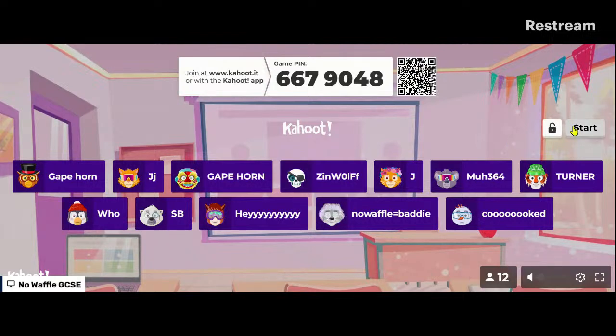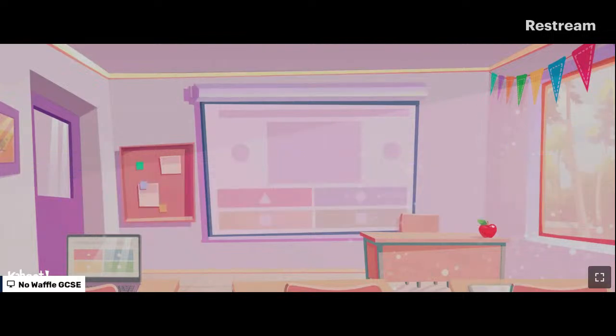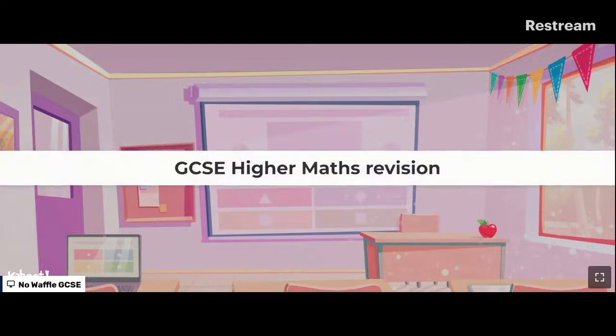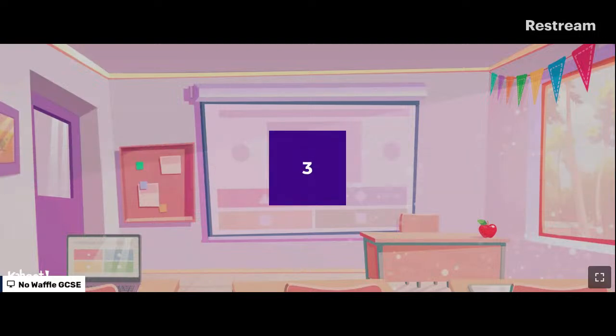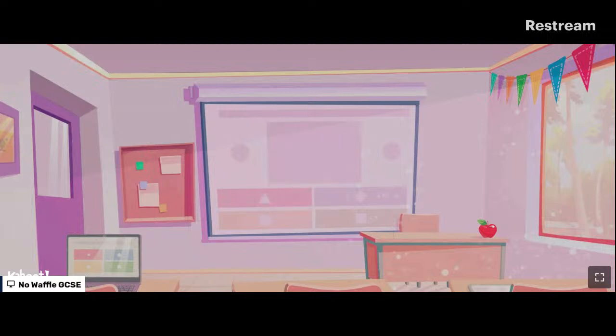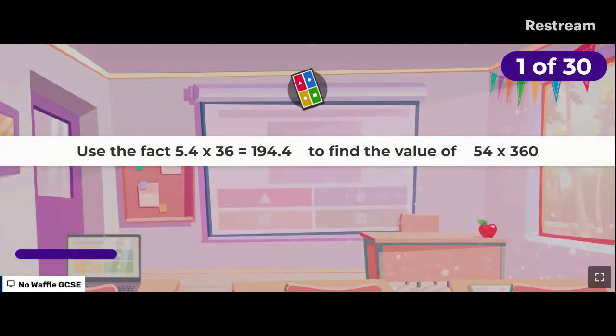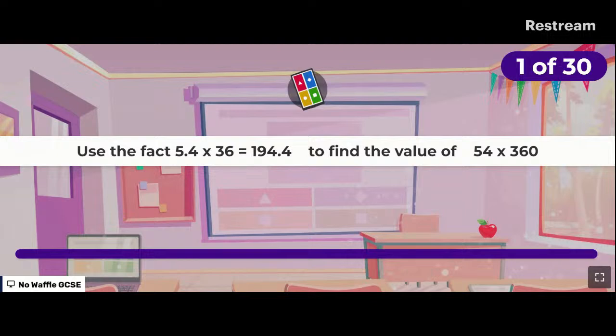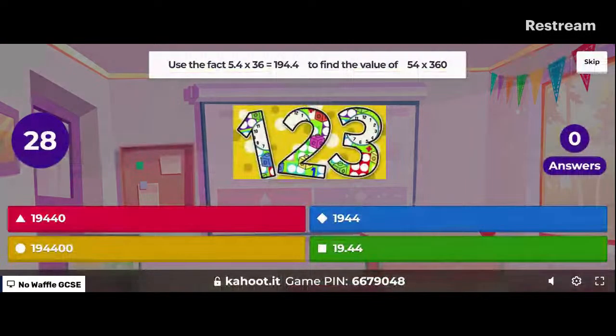Okay, I'm going to start this game here. Jude is now at the top of the second game. Well done.